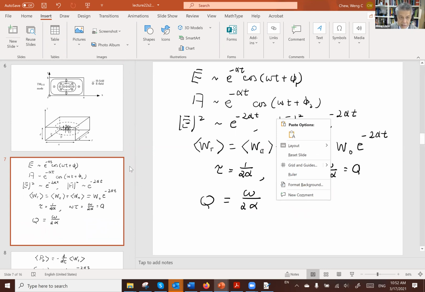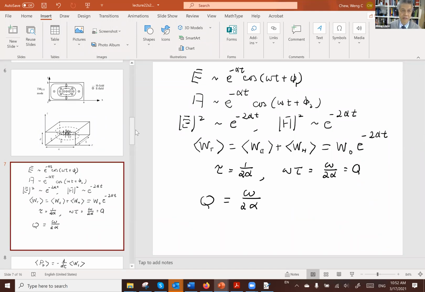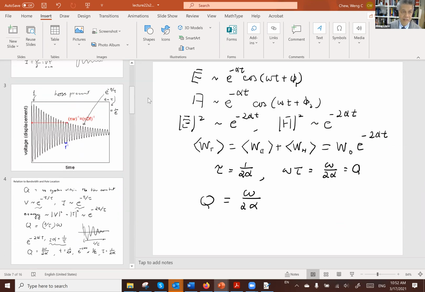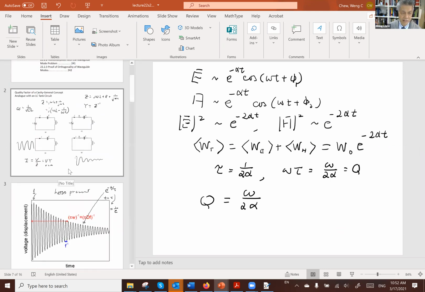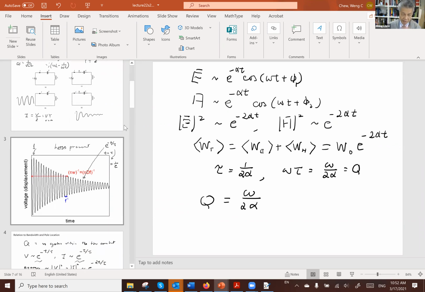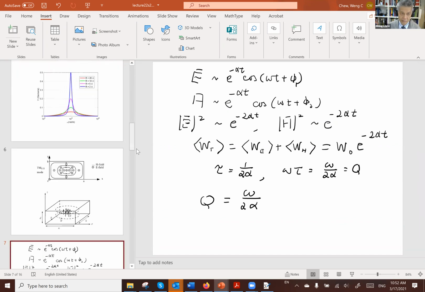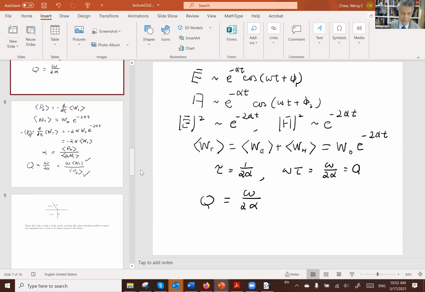It is very similar to what you have, for instance, in an LC tank circuit. When you have a loss in the tank circuit, the voltage and the current will decay with time, giving rise to this kind of picture. And the same thing happens inside a cavity.